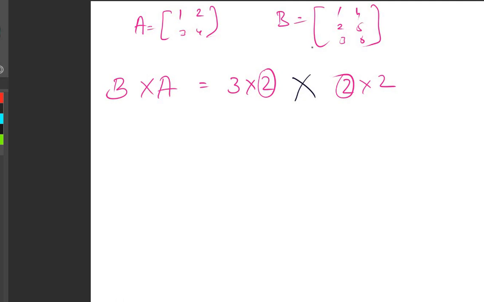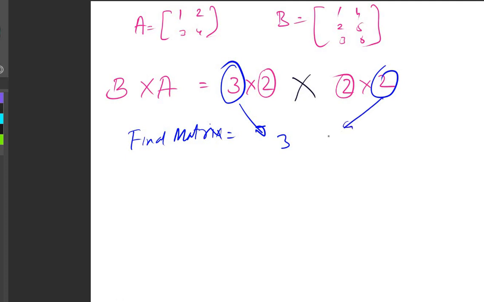So which of the two determines the order of the final matrix? The final matrix that I will get has what's left here: 3 rows and 2 columns. So the order of the final matrix will be 3 cross 2.